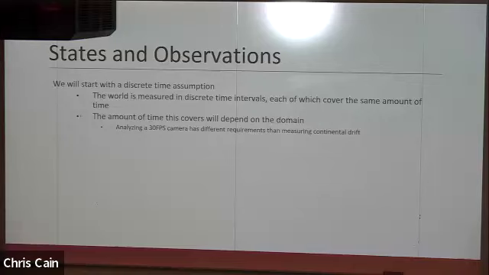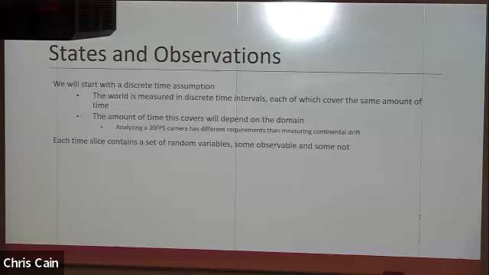You could use learning to figure out that that is the focus of what the person is trying to take a picture of. On the other hand, measuring continental drift would be a lot more confusing at 30 frames per second. We probably want a time interval that is a little bit longer than that to be able to have measurable continental drift.